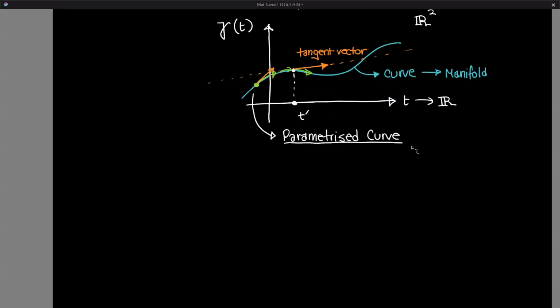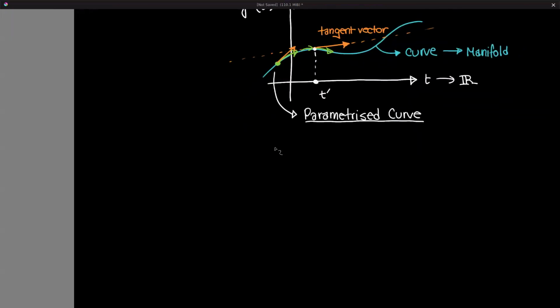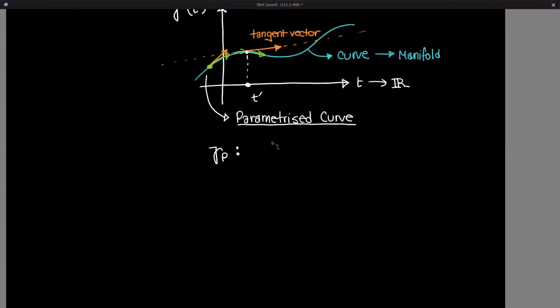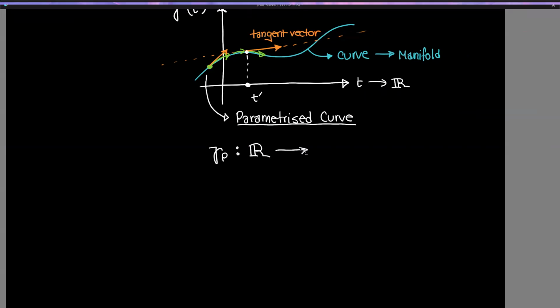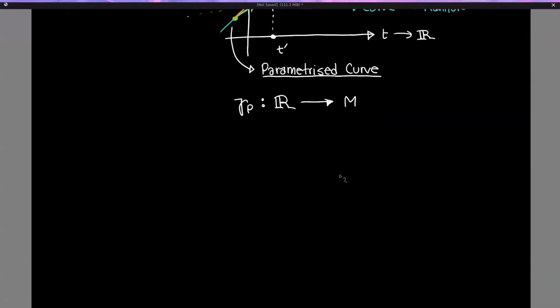But what if that space is more general? Then what do we do? So the idea is that we have this map gamma p, which takes inputs from the real line and gives you as output points on the manifold. So what that looks like is we have this manifold. I'm just going to draw a part of the manifold.